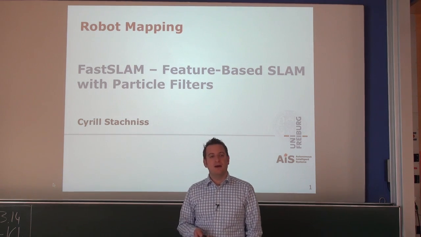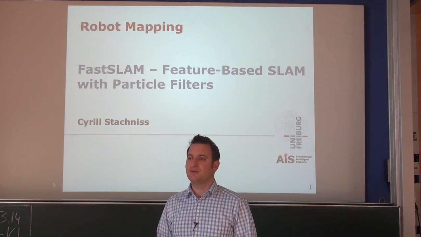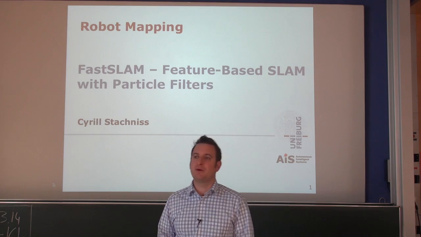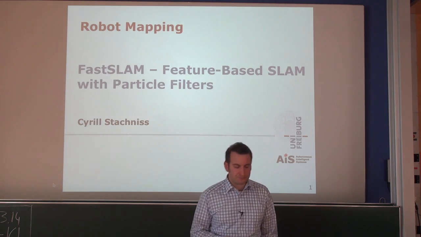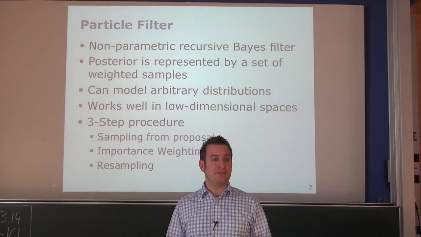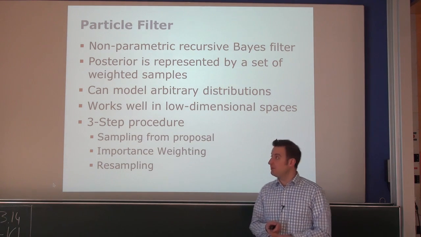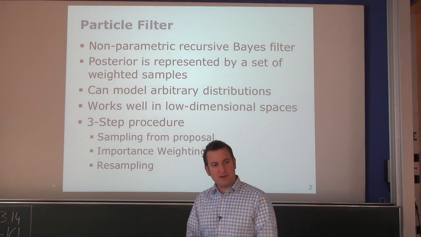And today, I would like to look into the SLAM problem. So how can we actually address the SLAM problem using particle filters? So just as a two-slide repetition of the particle filter, what we discussed last week. The particle filter is a non-parametric estimation technique.